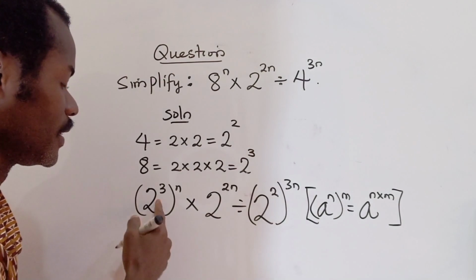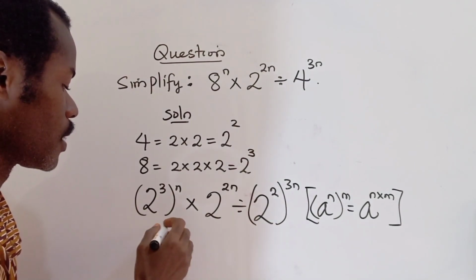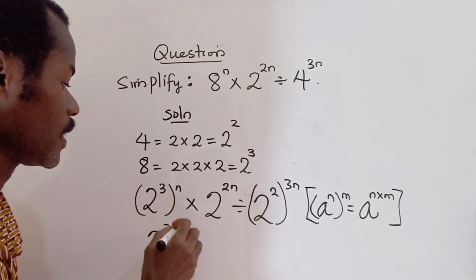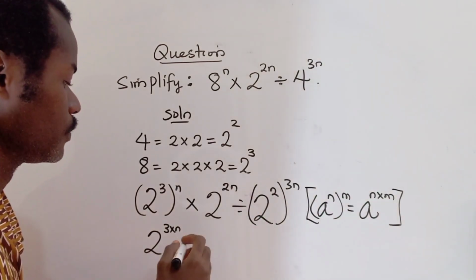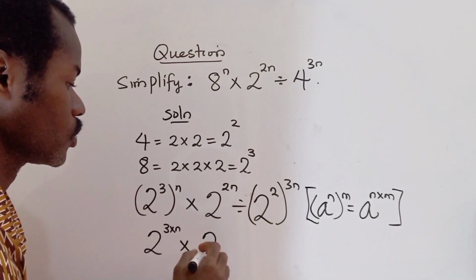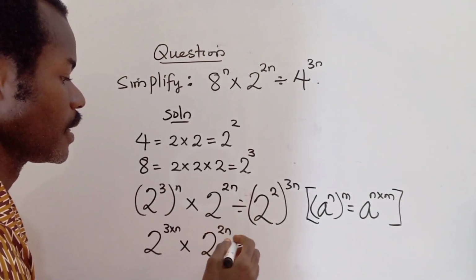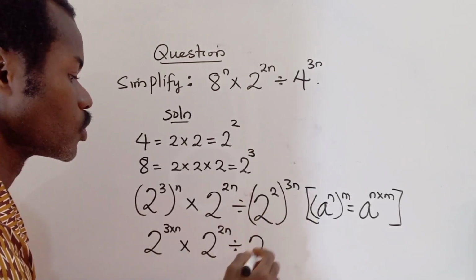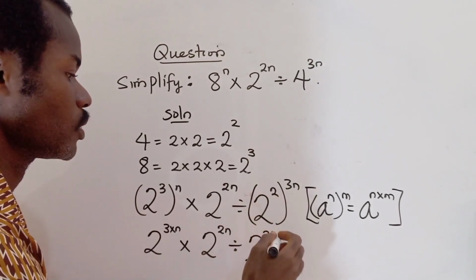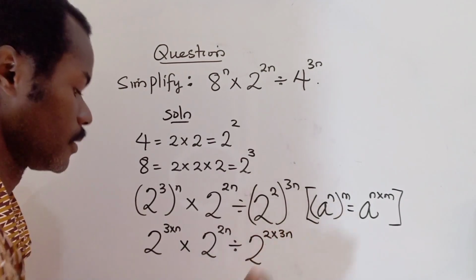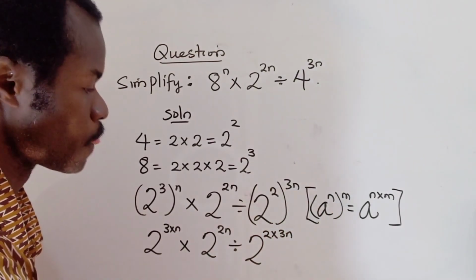So we are going to have 2 to the power of 3 times n, just like we have here, multiplied by 2 to the power of 2n, and divided by 2 to the power of 2 times 3n.